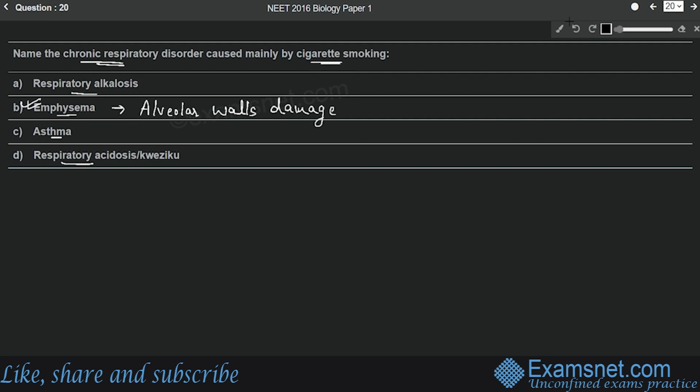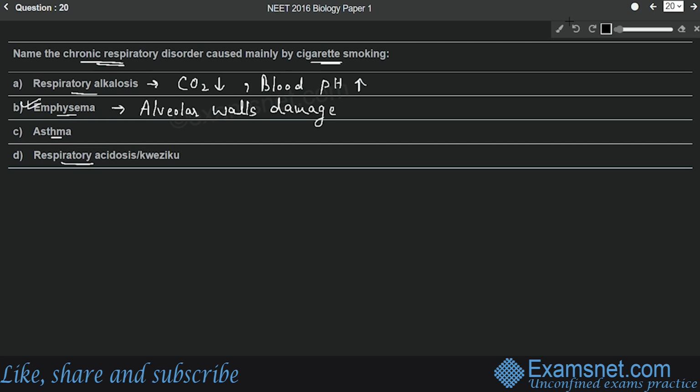What about other options? In the first one, we have respiratory alkalosis. Alkalosis, that means alkaline condition will develop. Okay, and this is due to the decrease in amount of carbon dioxide. When the amount of carbon dioxide will be decreased, that means more carbon dioxide will be eliminated from the body, then blood pH will increase and it will lead to alkaline condition.